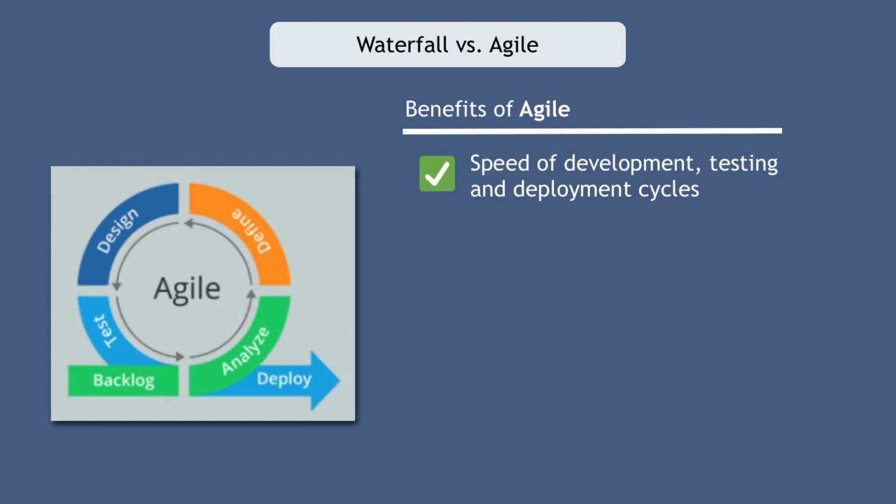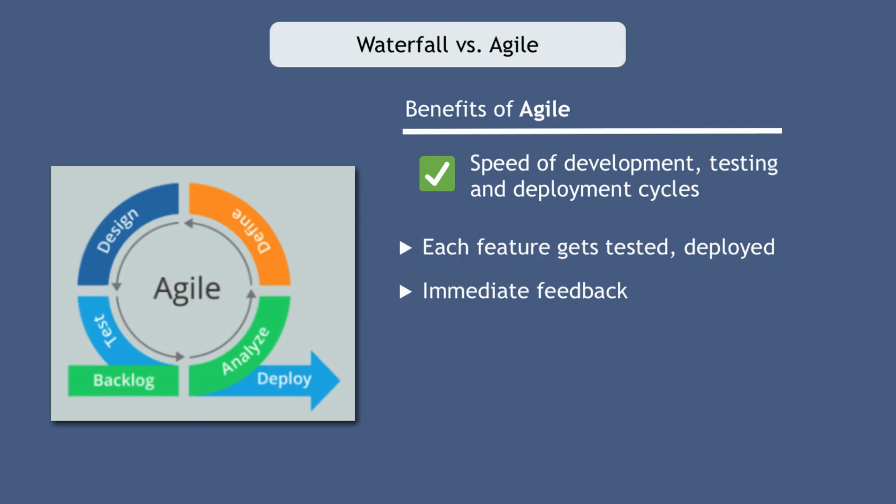So basically, instead of just waiting there to develop the whole application start to finish by checking off each feature and bug fix and so on, each new feature gets tested, deployed, and there's an immediate feedback if there is some bug in that feature or if the deployment doesn't work, etc.